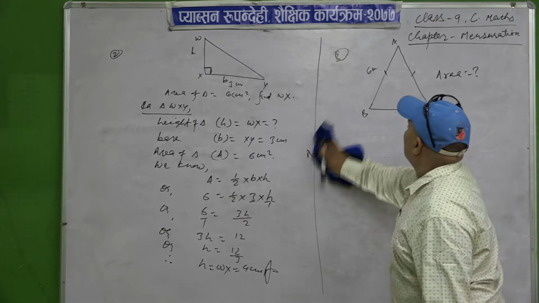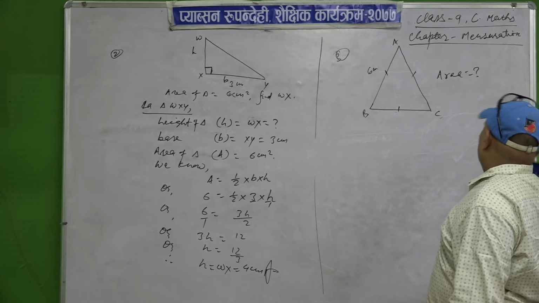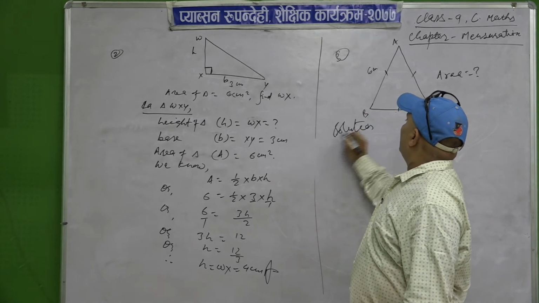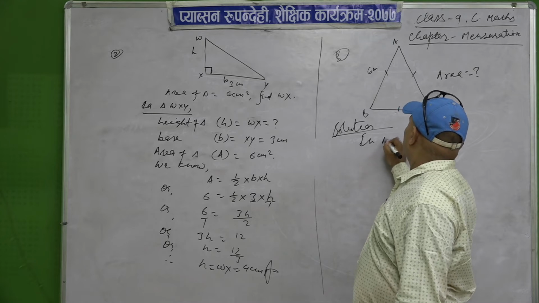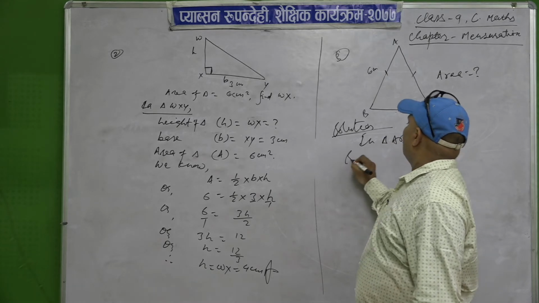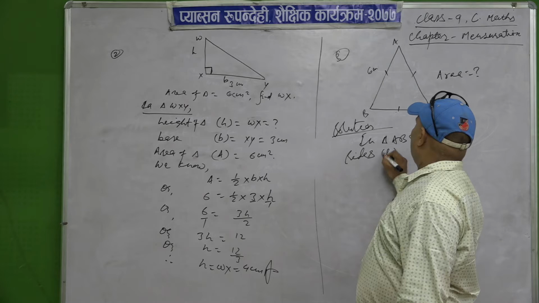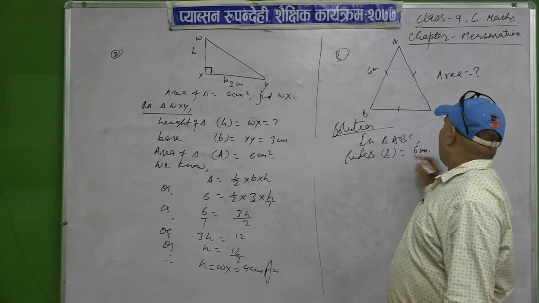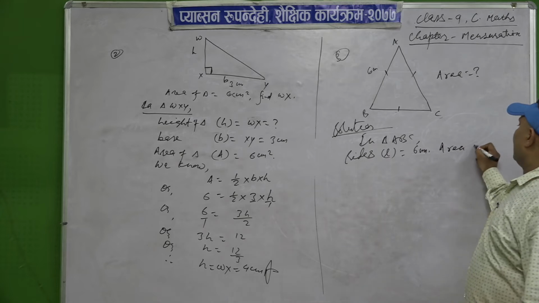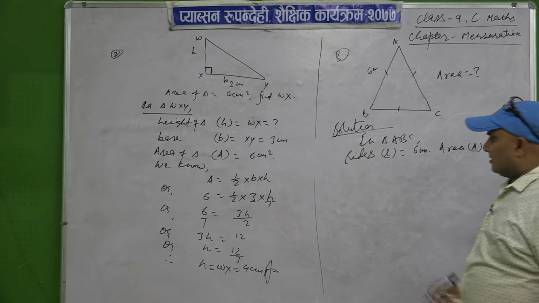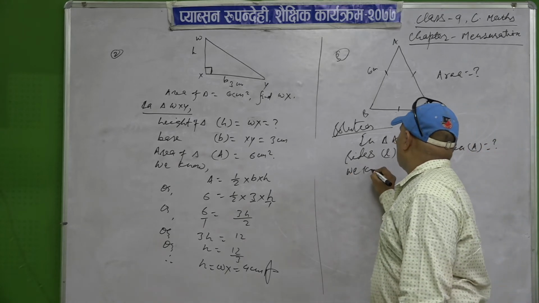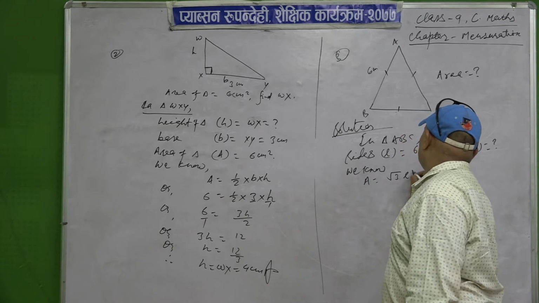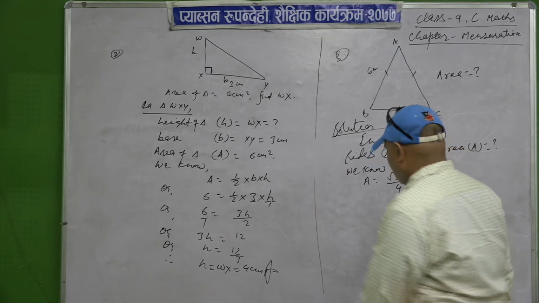So now I am going to use direct formula for the area of an equilateral triangle. Solution: in triangle ABC, sides L is equal to 6 centimeter, and area we have to find out. Area A is equal to what? We know area of equilateral triangle is equal to root 3 L square upon 4.